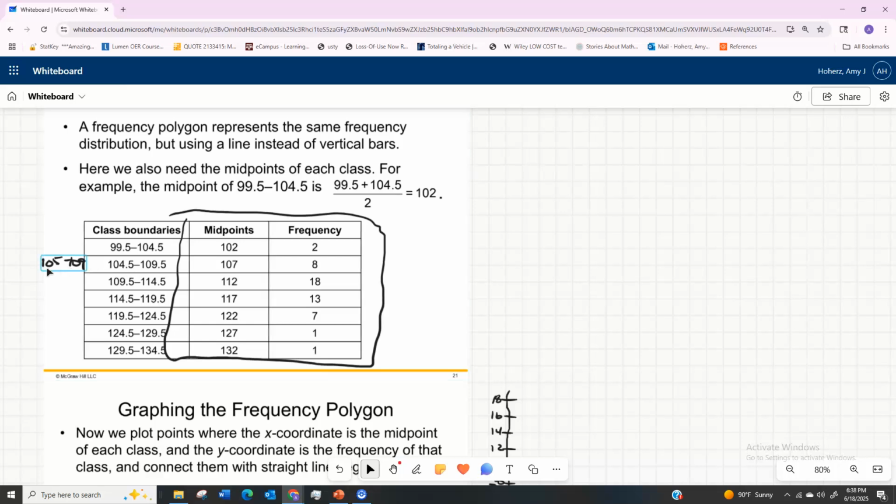The class for this first one was 100 to 104, and the next was 105 to 109. Even though each class involves 5 numbers, 100, 101, 102, 103, 104, it just gets one dot at the midpoint for that class.